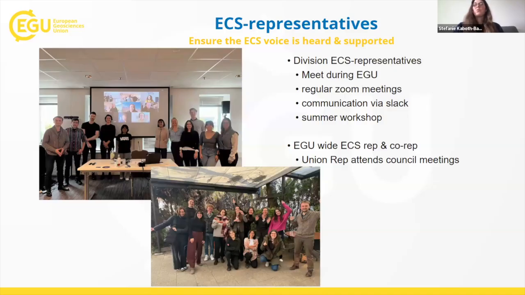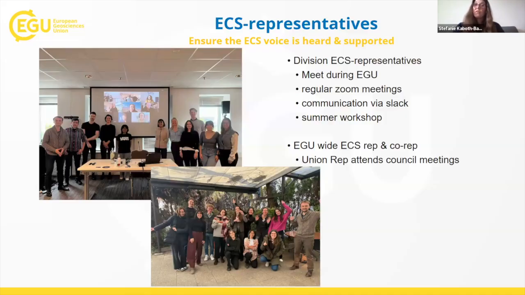So what we really want to do with the representative network is to make sure that the voices of the early career scientists are heard and that they're getting the support they need. Again, we make up a huge chunk of who's within the EGU network and who's going to this assembly.